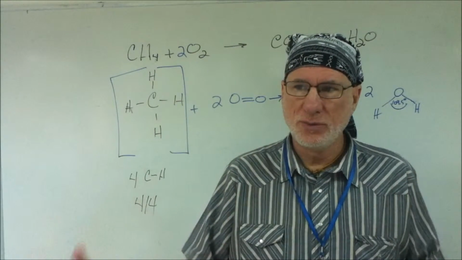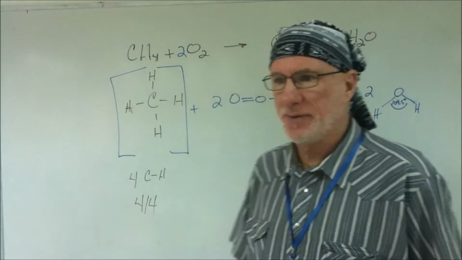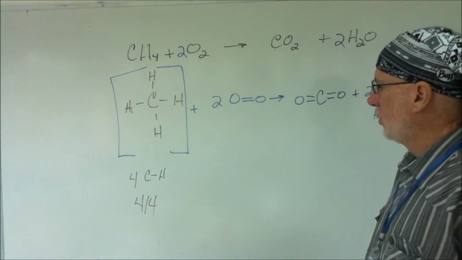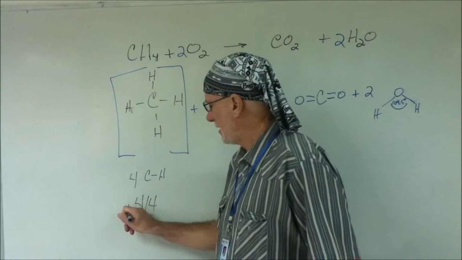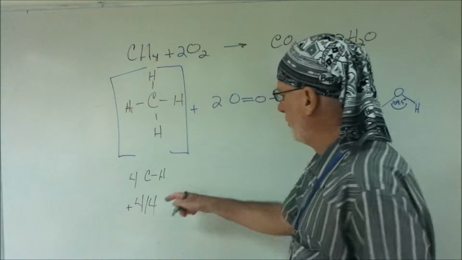When you break the bond, you have to put the energy into it, right? So this is plus 414, is that correct for each one? Okay, so we have 4 of them, right?